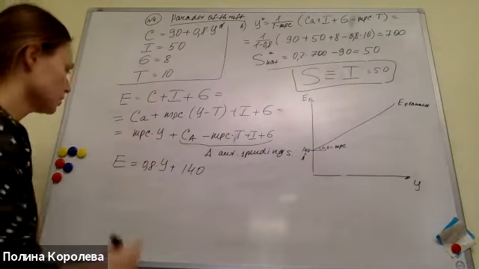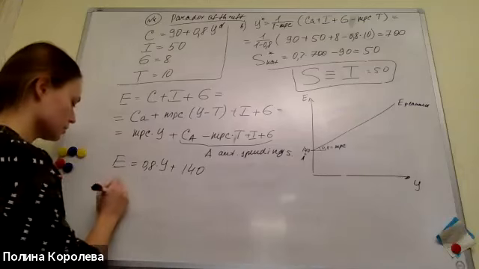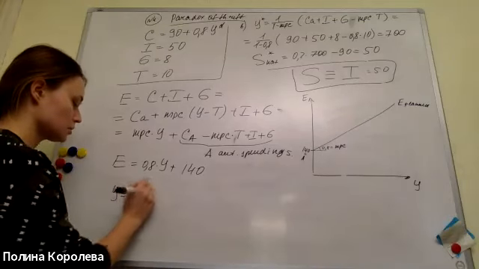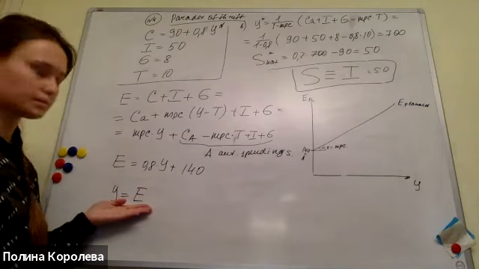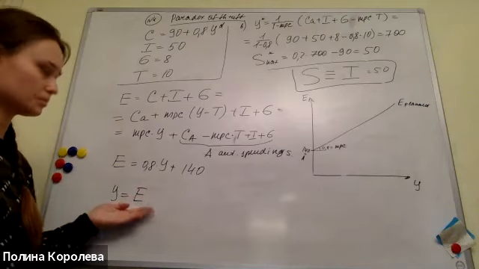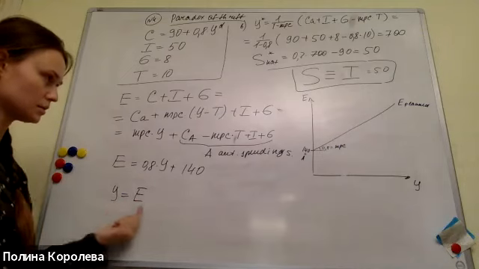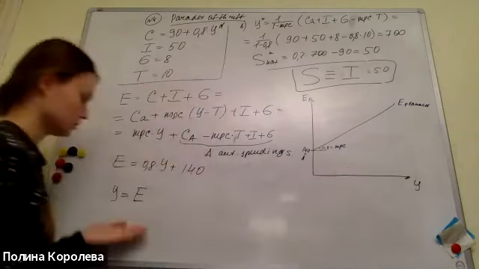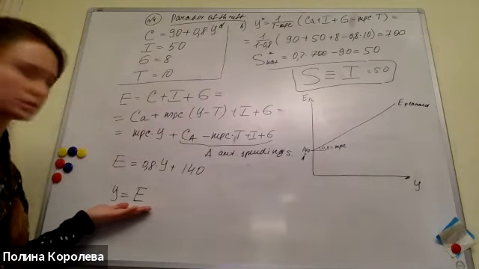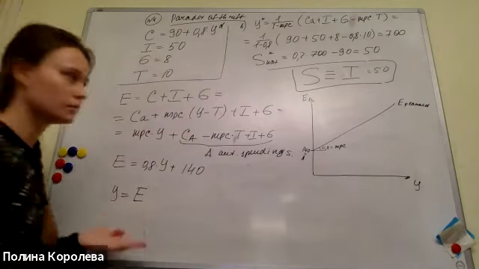Then, in equilibrium, we know that what is actually produced should be equal to planned expenditures. This is also a line with positive slope, and slope is equal to 1.